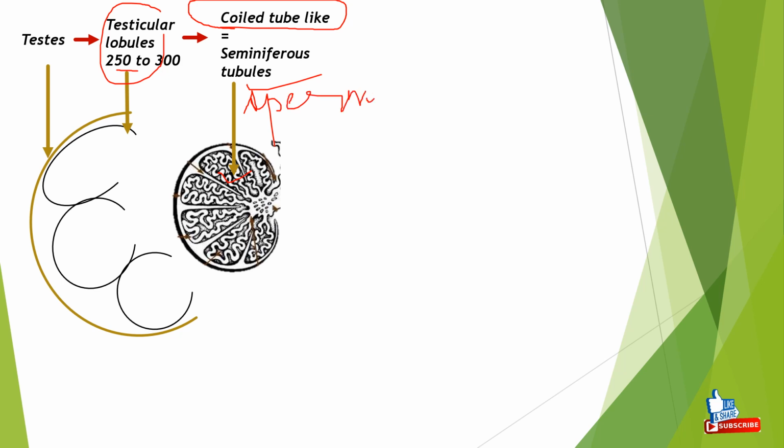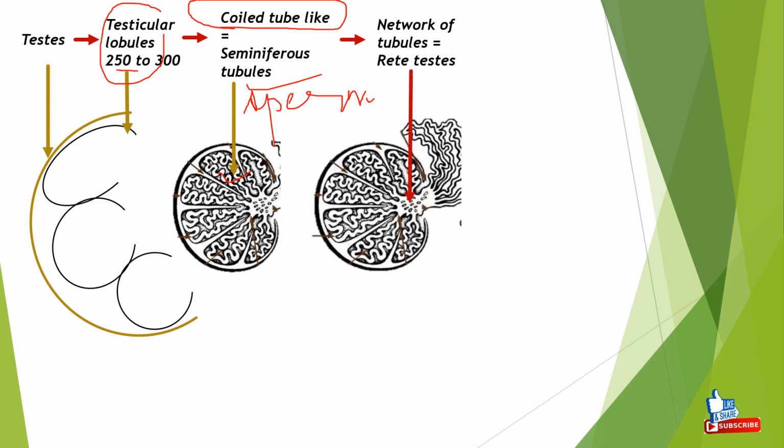Okay. Now these coiled seminiferous tubules join together and form a network of tubules, which is known as the rete testis. Here, this part that you can see is the rete testis. It further forms the vasa efferentia.